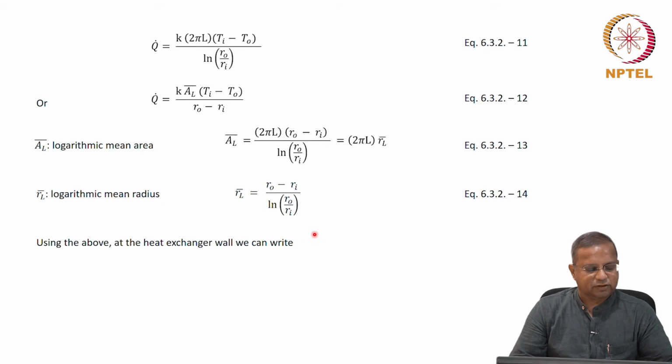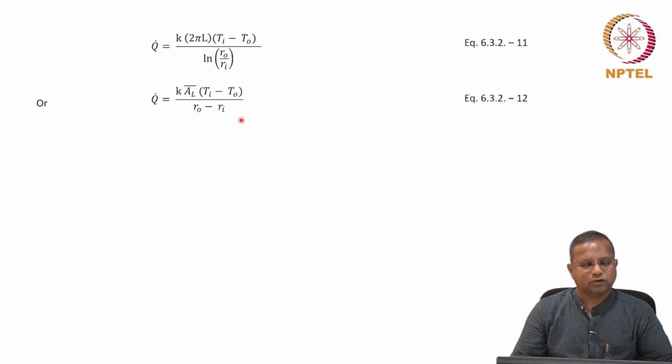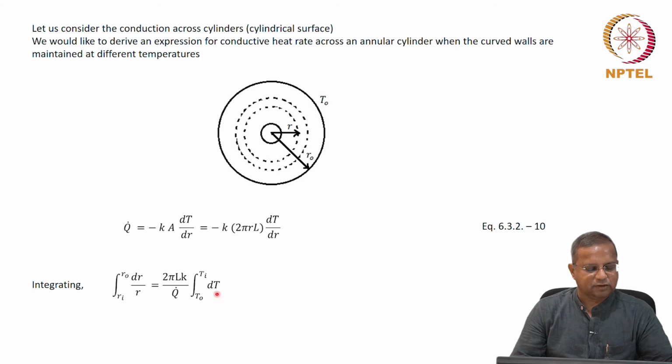as defined, and if we use these at the heat exchanger wall, that is where the conduction is happening, we can write dq by dA L W hash, logarithmic mean area at the wall, equals k times (T Wh minus T Wc) divided by x W. So, you substitute all this back, you differentiate this, you have an expression for q dot written in terms of logarithmic mean radius, and then you substitute it back here.